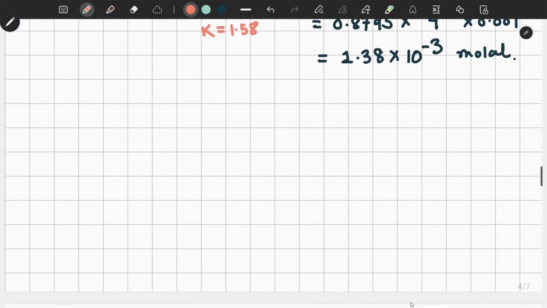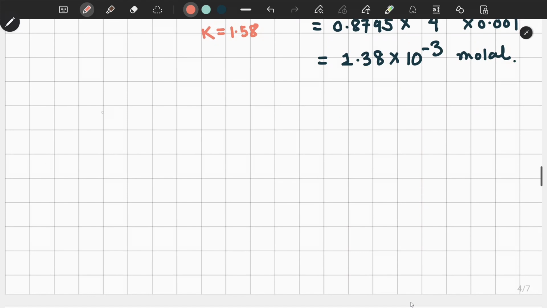Okay, so density is kg per meter cube. That means this is m by v, we need volume. So if there is 1 kg, it will have the volume 1 meter cube, correct?